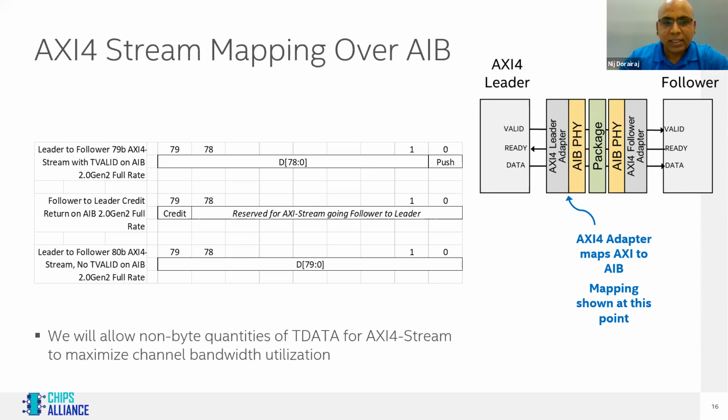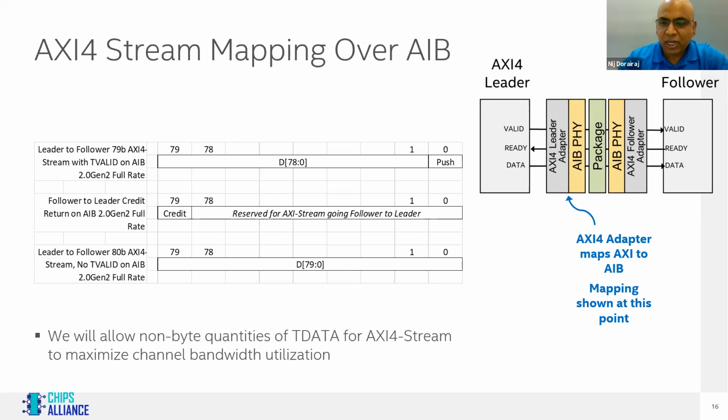The second picture shows a flow control back from the follower to the leader. In this case, a credit comes back from the follower to the leader, maybe for an Ethernet frame, saying I need to flow control this. The third example is where you don't need to have ready or valid.